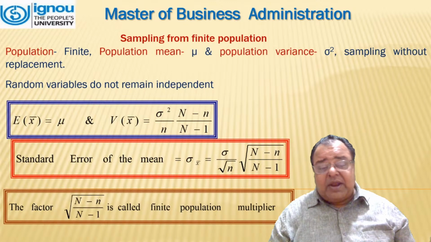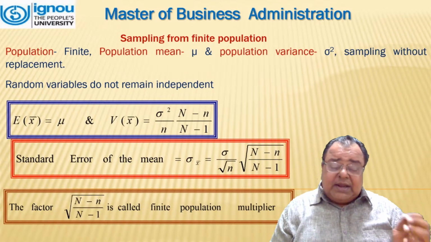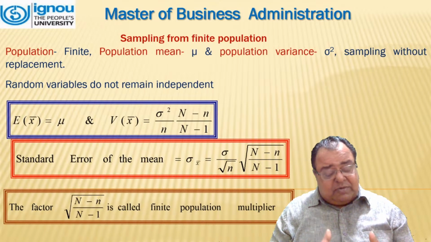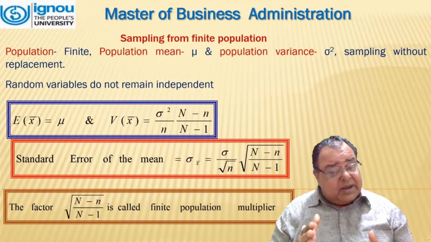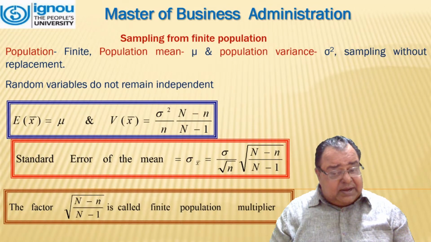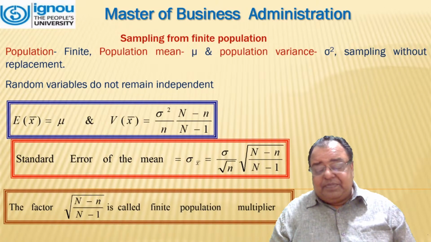But in terms of the standard error of the mean, sigma x bar is equal to sigma upon square root n multiplied by square root of (N minus n) upon (N minus 1). This factor, square root of (N minus n) upon (N minus 1), is called the finite population multiplier.